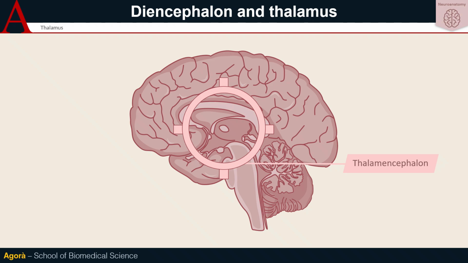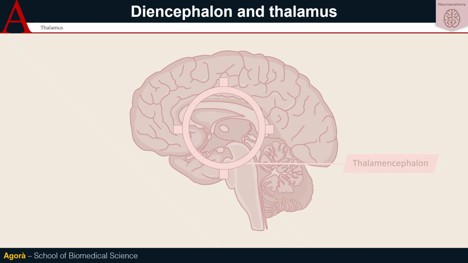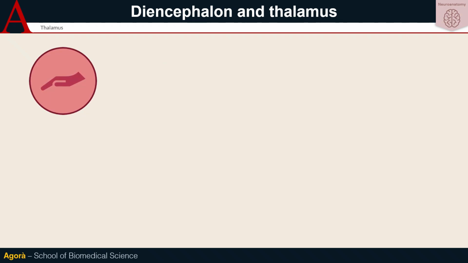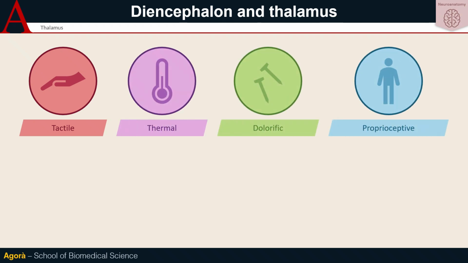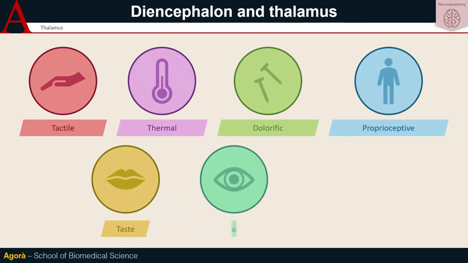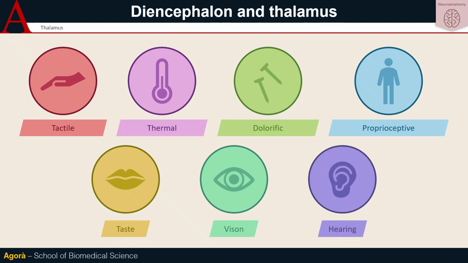The function we first mentioned, called relay, is essential for tactile, thermal, pain, and proprioceptive sensations, as well as for specific sensory pathways such as taste, vision, and hearing. In summary, the thalamus is a complex structure with a central role in different brain functions, acting as a hub for processing and distributing information between the external world and the cerebral cortex.